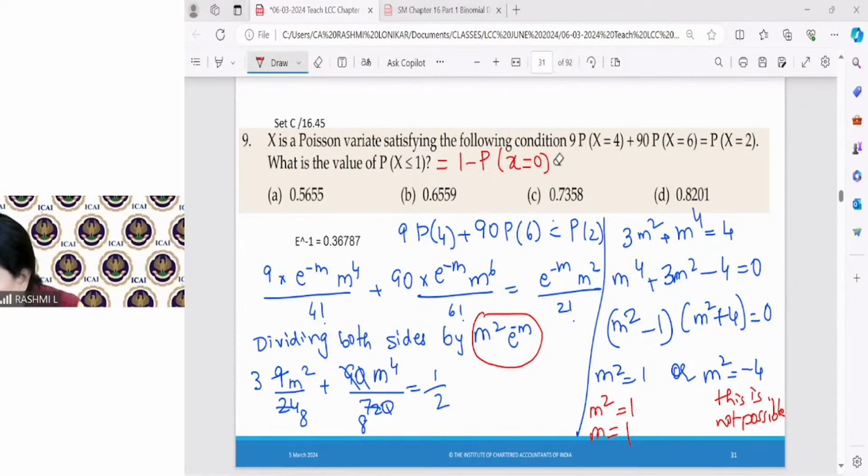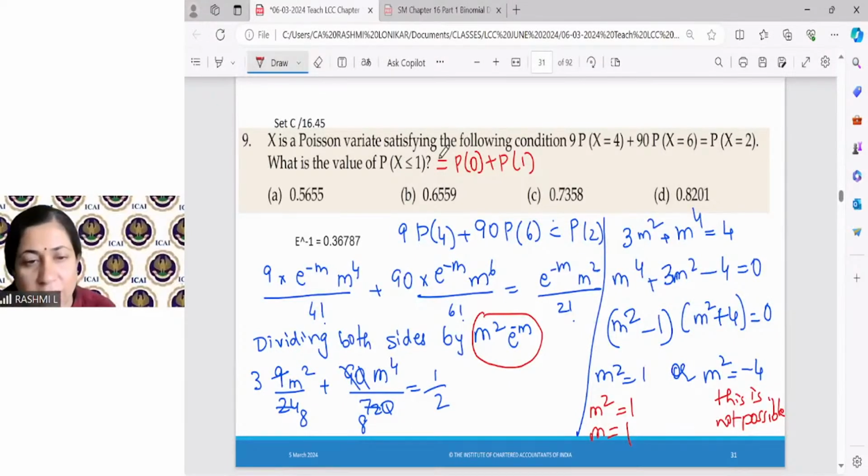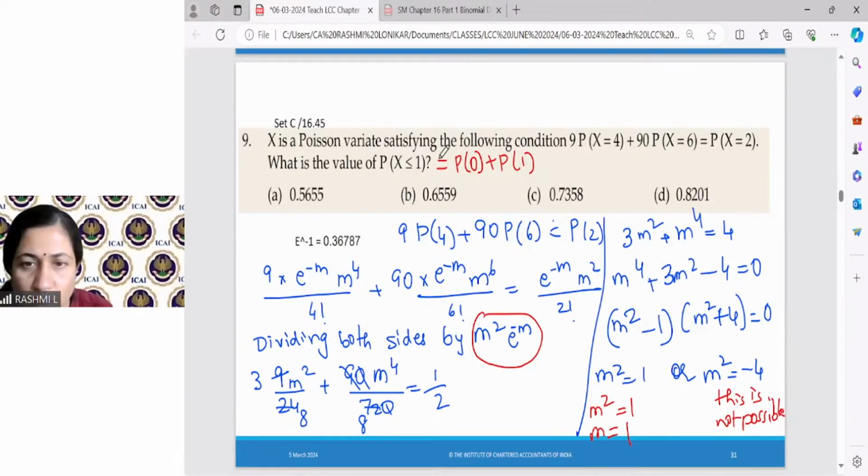This is already less than. So I have P(X less than or equal to 1) is P(0) plus P(1). X can take the value 0 and 1. And then I can substitute.